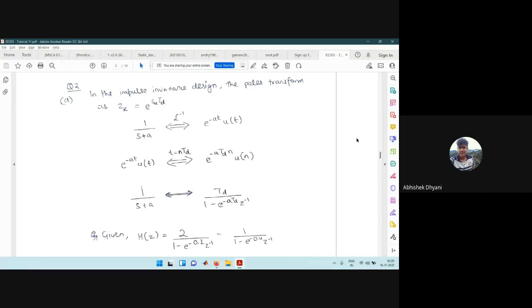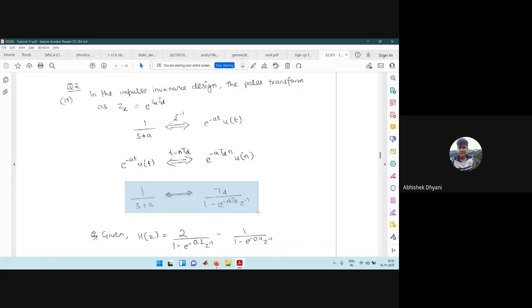And when I apply the impulse invariance, t will be replaced with n times capital TD, and that will give me this part over here, right? And then if I combine these two parts, I can simply say that if I have something like 1 by s plus a, then that would directly in the z domain become this.